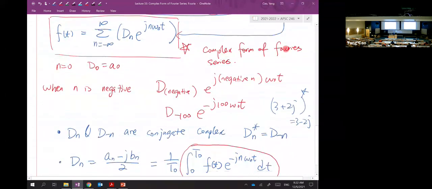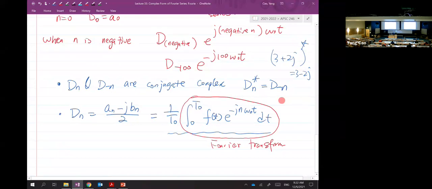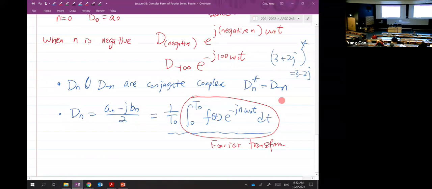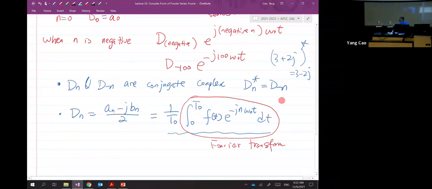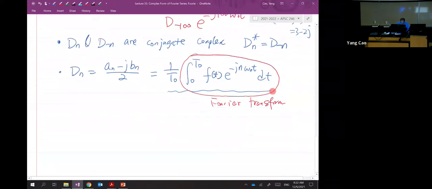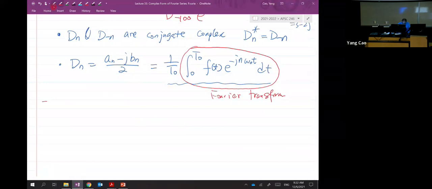So let me show you an example of how we can write a Fourier periodic function into a complex format. Let me finish the example first, then we'll talk a little bit more.